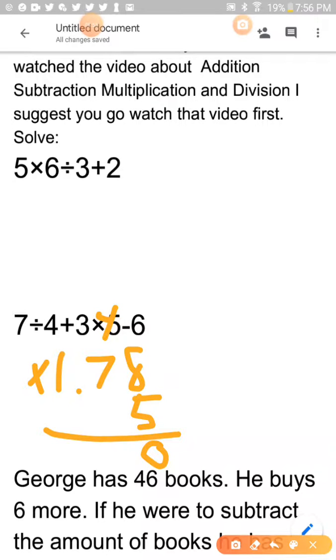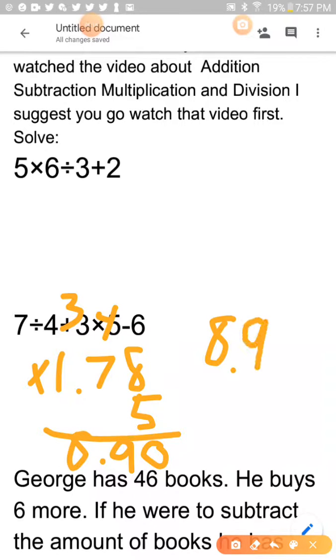Plus 4, 1, 2, 3, 4. You can use your fingers or count in your head. 5 times 4 equals 20, plus 3 gives you 23. So you would bring down that decimal and you'd get 8.90.